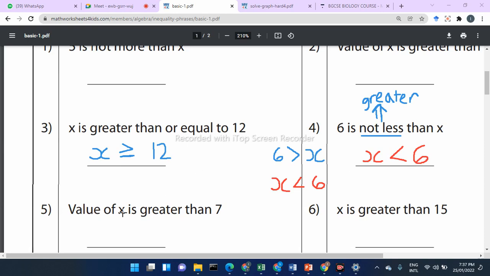Okay, so this one, value of x is greater than 7. So x is greater than 7. They could compound it, like 6 is not less than x, but also greater than 5. Yes, that's another dimension that we could have. That's possible, where you have compound inequalities. So x is greater than 15.